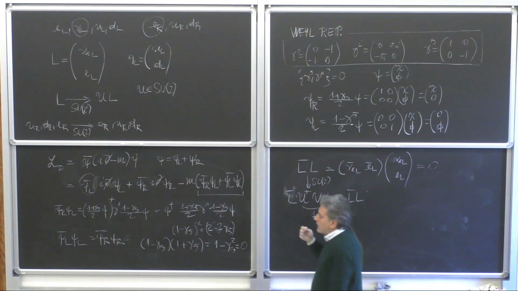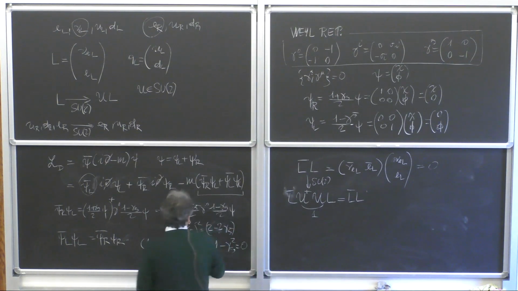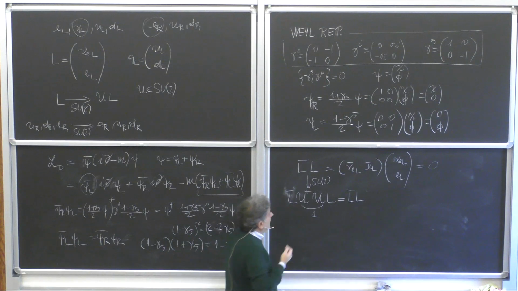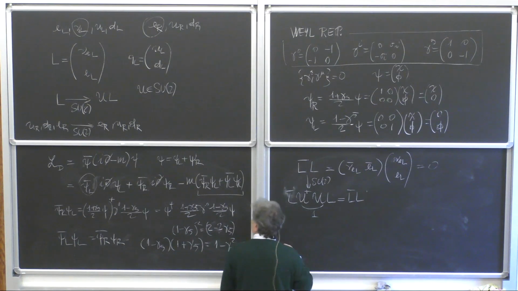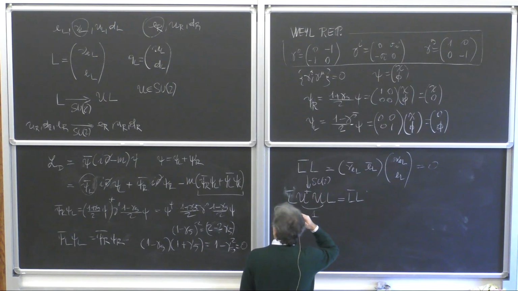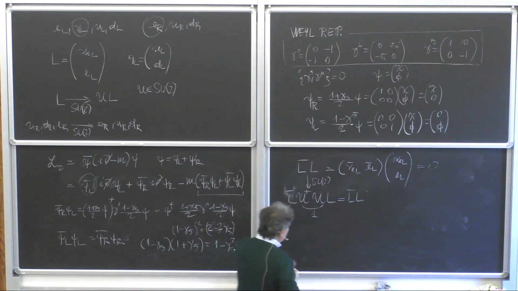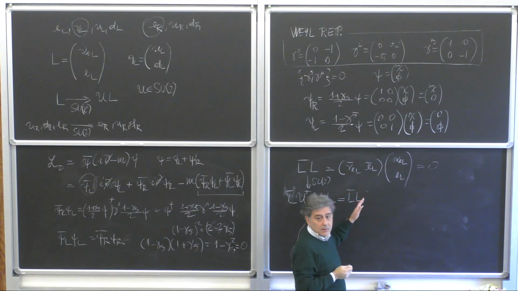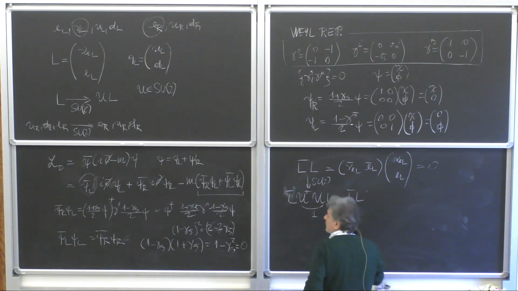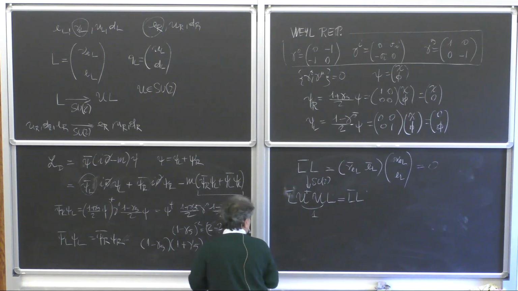So if we require that our Lagrangian is invariant under the group SU(2) left, I cancel, we cannot have a mass term, like for a free electron, for instance.